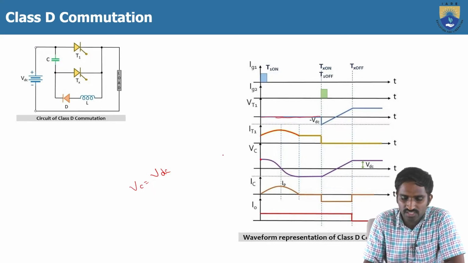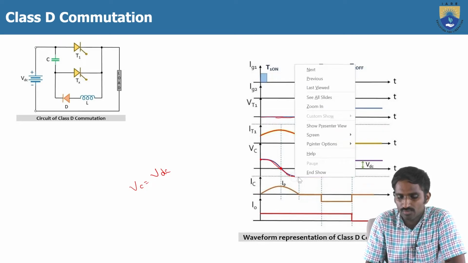But when the thyristor T1 is turned on, we are providing the path to discharge the capacitor C. So that's why the voltage across the capacitor is gradually decreasing. At a particular point, the voltage across the capacitor will become 0, and after that the terminals change, then it will charge in the reverse direction. So during the charging, the voltage across the capacitor is increasing up to a certain point.